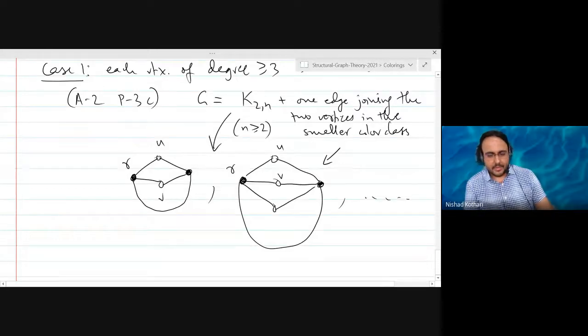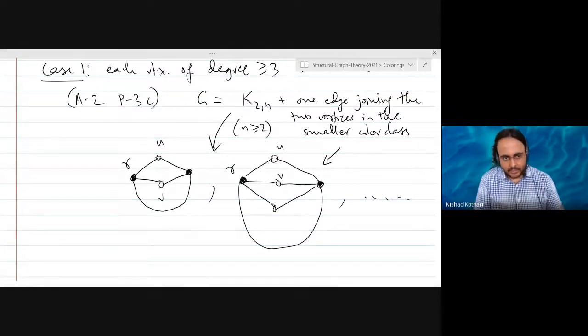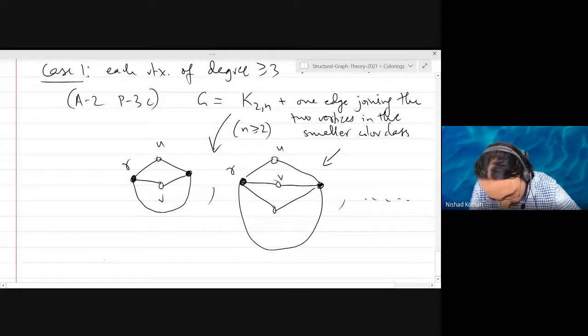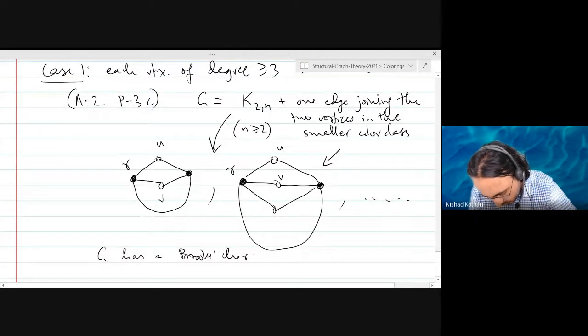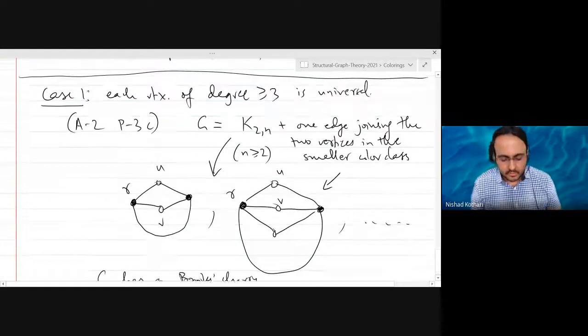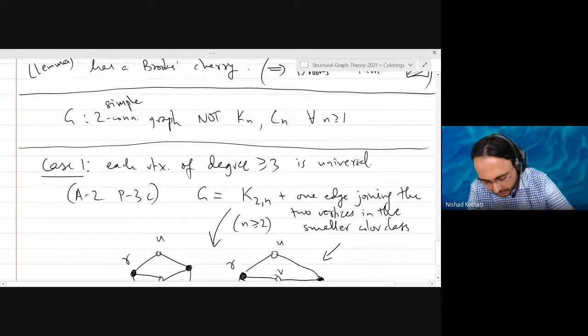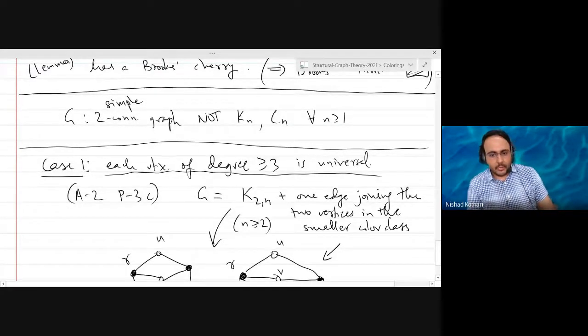The center vertex will be one of the two black vertices, as I've indicated, and then you take any two neighbors apart from the other black vertex as U and V. So all of these graphs have a Brooks cherry. If your graph has the property that each vertex of degree at least 3 is universal, then you are done, by the assignment problem and by this simple observation.